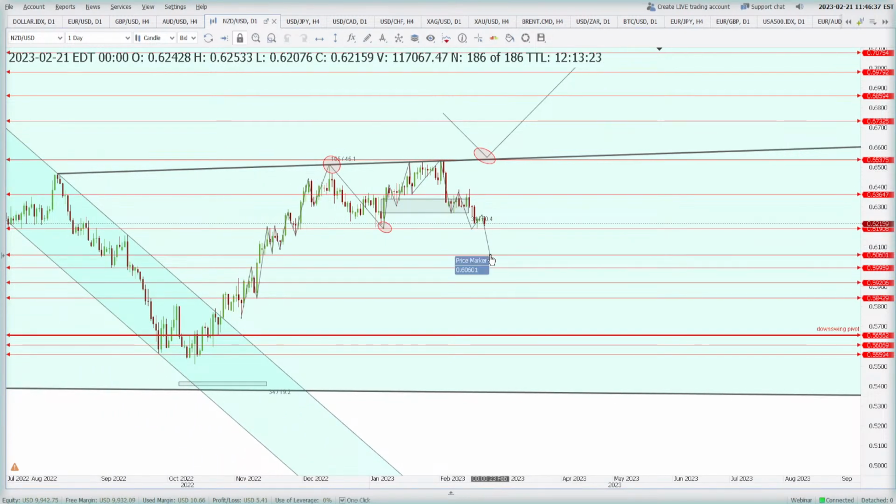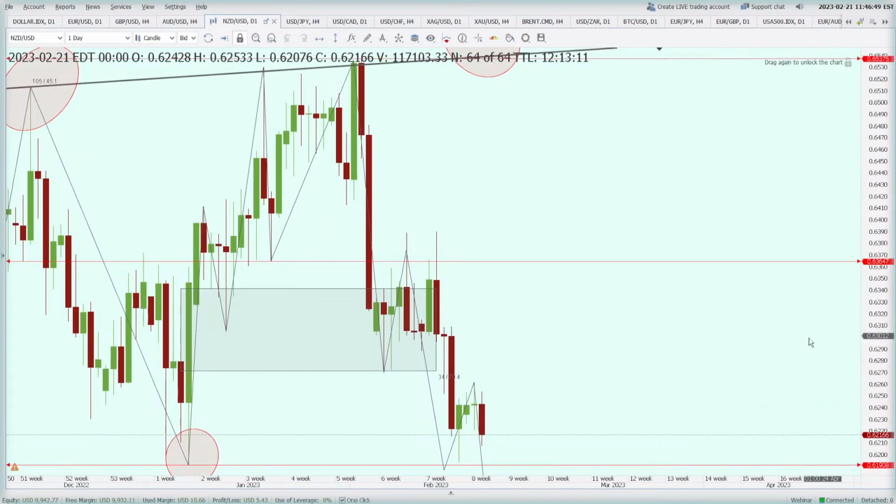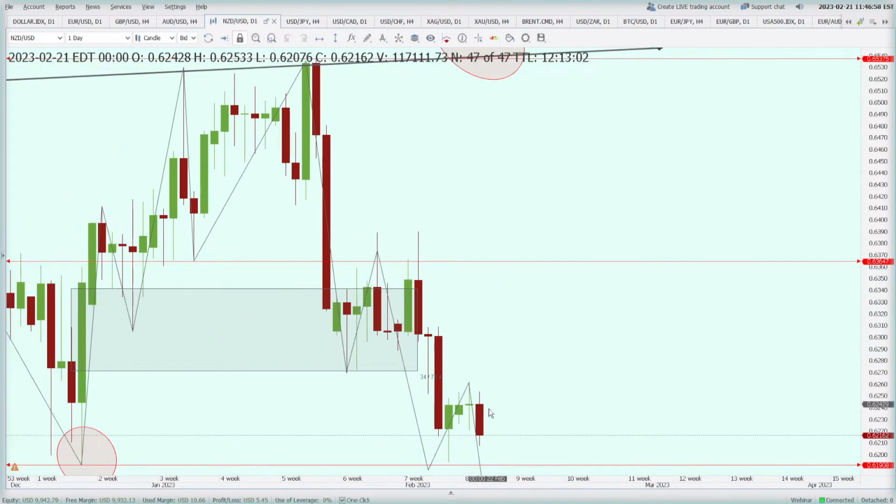In that case, we will see 0.6060 in this market, and later on so many levels after that. 0.6190 and below will open the way towards 0.6060 here. On the contrary, if we see a break above this high here, then we can see 0.6364 again in this market. But right now the bias is bearish, and let us see 0.6190 being tested in this market.